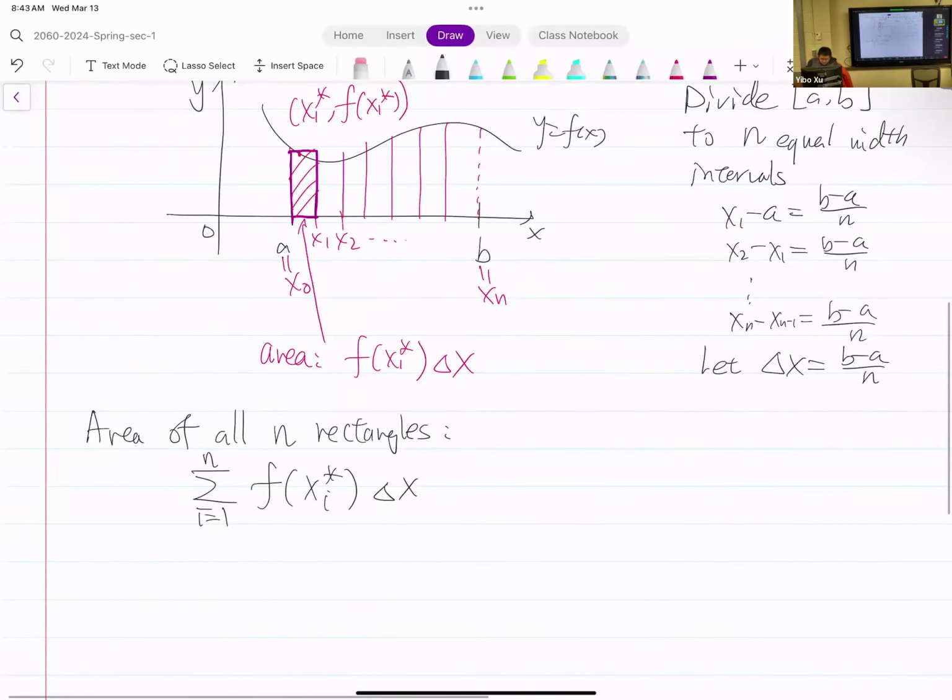That's the definition of the Riemann sum when we use n rectangles. And of course, the more rectangles we use, the less essential the sample points are.